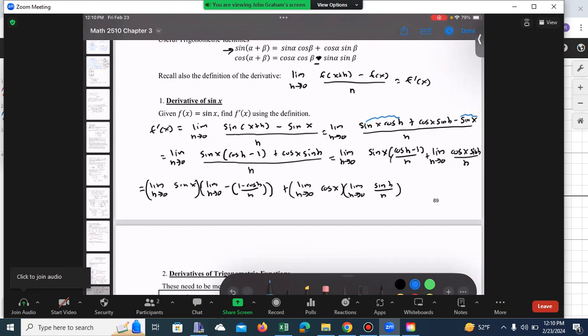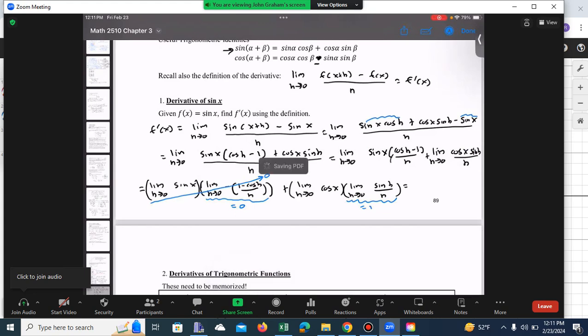Okay. So this we did first, that's equal to 1. This one we had done second, that's equal to 0, which makes this whole term go to 0. So now we're left with the limit as h goes to 0 of cosine x.